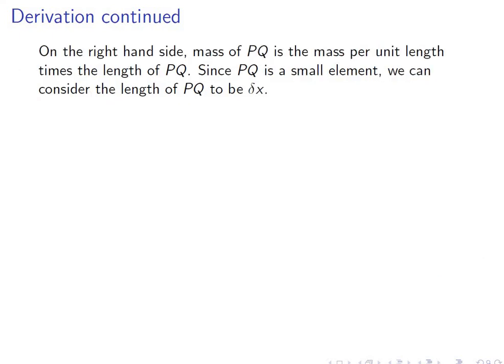We'll evaluate the right side of this equation first. On the right hand side, mass of PQ is just mass per unit length times the length of PQ. Since PQ is a small element, we can consider the length of PQ to be Δx. So mass m is rho times Δx.